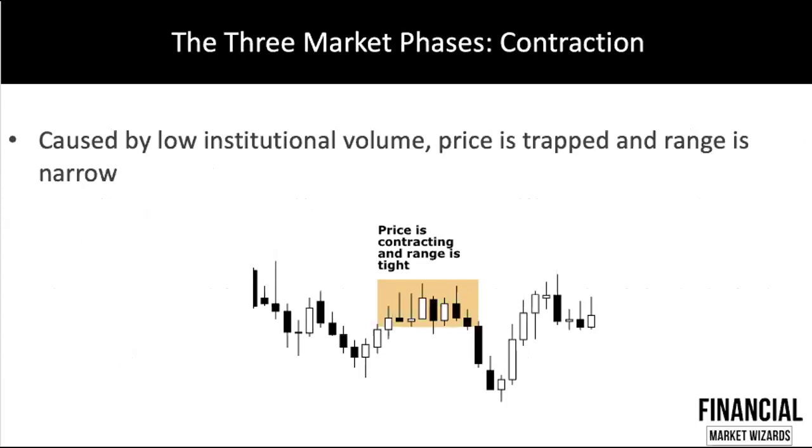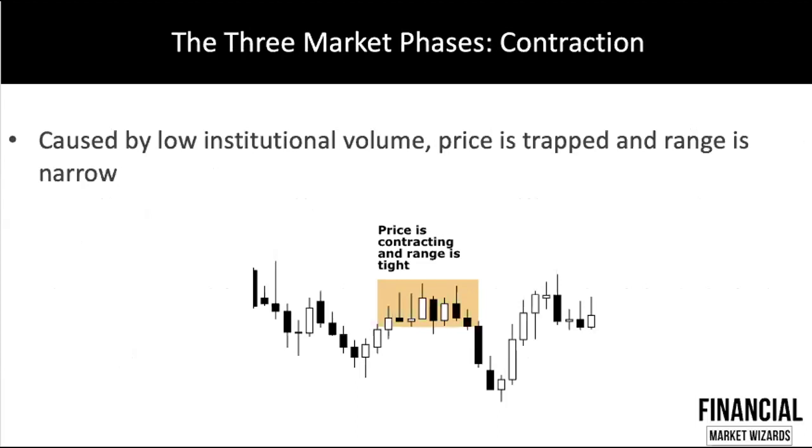Now let's get into the first phase, which is the contraction. Normally in this phase, what you see is caused by low institutional volume. That means the institutions are not very interested in taking a position. This happens during ECB, European Central Bank, and Bank of Japan conferences. Basically the market is not moving much because the market is not sure yet.